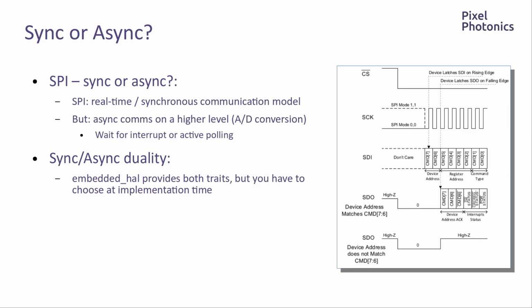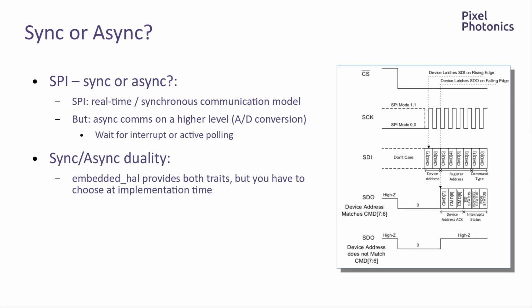And typically, the chip then signals this over another channel, for instance by raising an interrupt pin, or you need to poll a register which changes its state if you don't have an interrupt available. So on a higher level, you are async again. That's an interesting observation, because you always need to keep in mind whether something is synchronous or asynchronous.